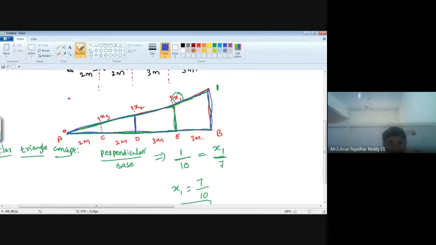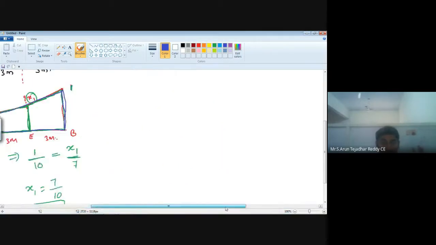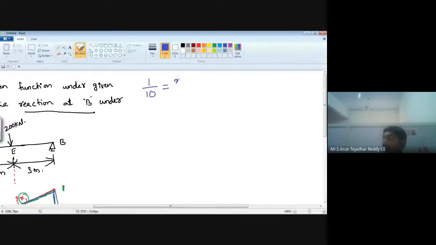So make it into a triangle shape. Perpendicular is x2. Base is A to point D: 2 plus 2, 4 meter. So 1 by 10 is equal to x2 by 4. Where x2 is equal to 4 by 10, and x2 is equal to 0.4.